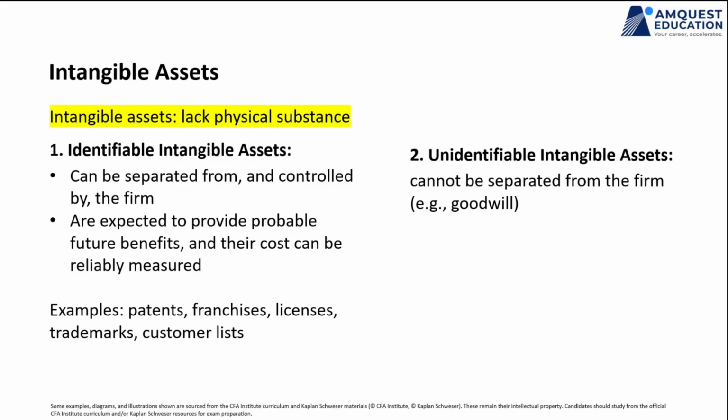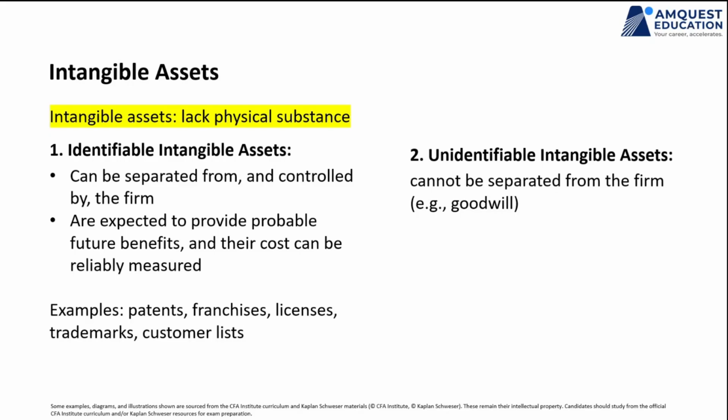So if it's an identifiable intangible asset, it can be sold off. These are also expected to provide probable future benefits, and their cost can be reliably measured. These are assets which have a value recorded based on future benefits.